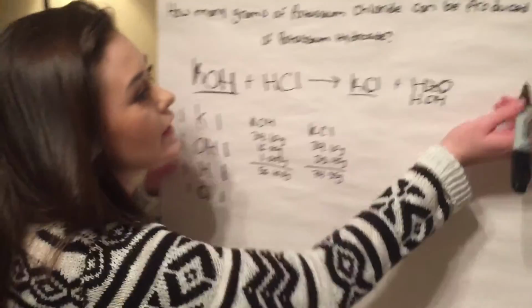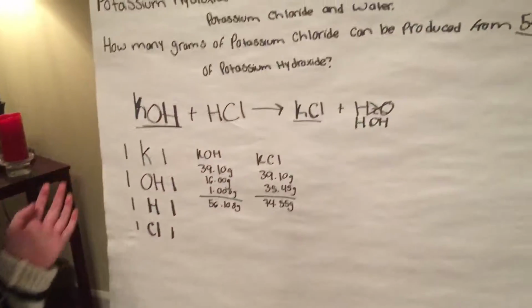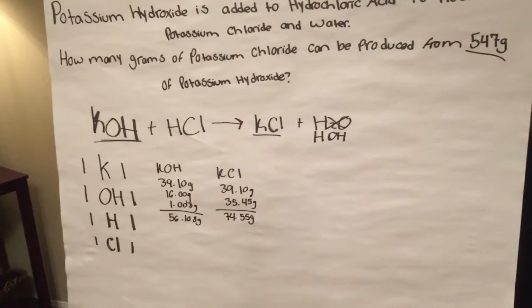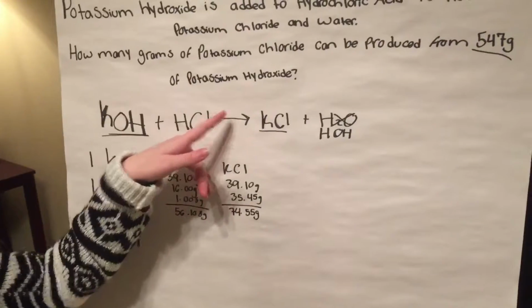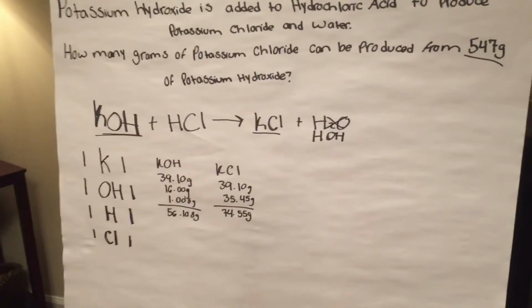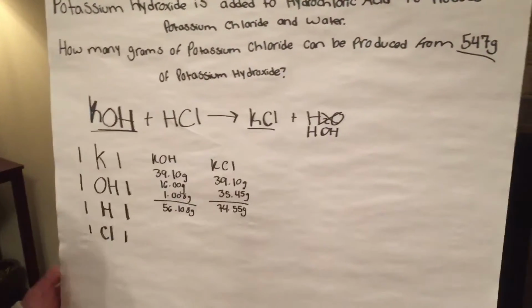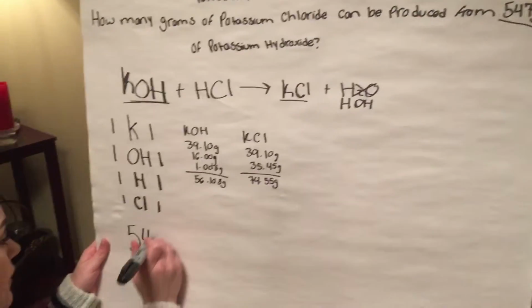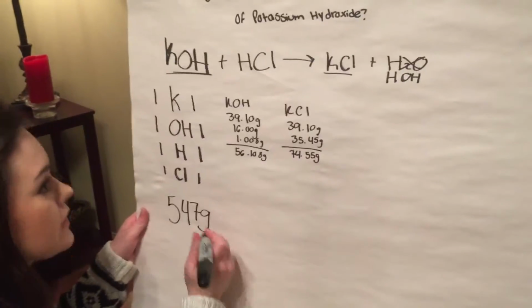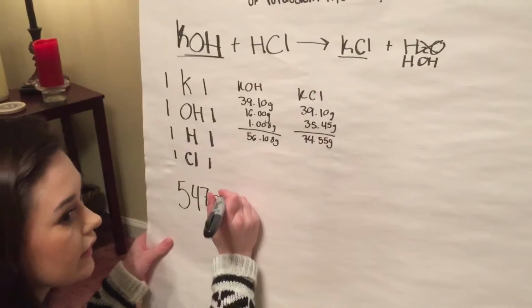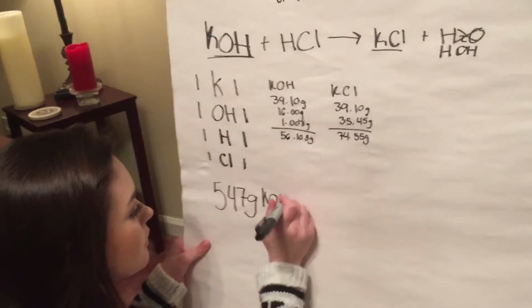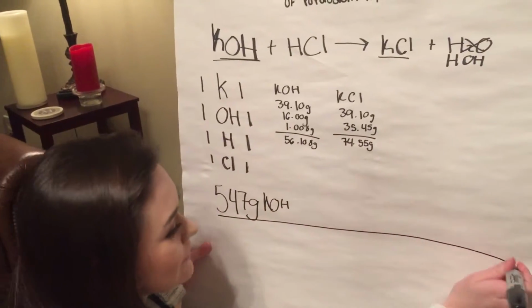So our given is 547 grams of potassium hydroxide. In our stoichiometry problem, we're going to start off with 547 grams of KOH. So that's our given.